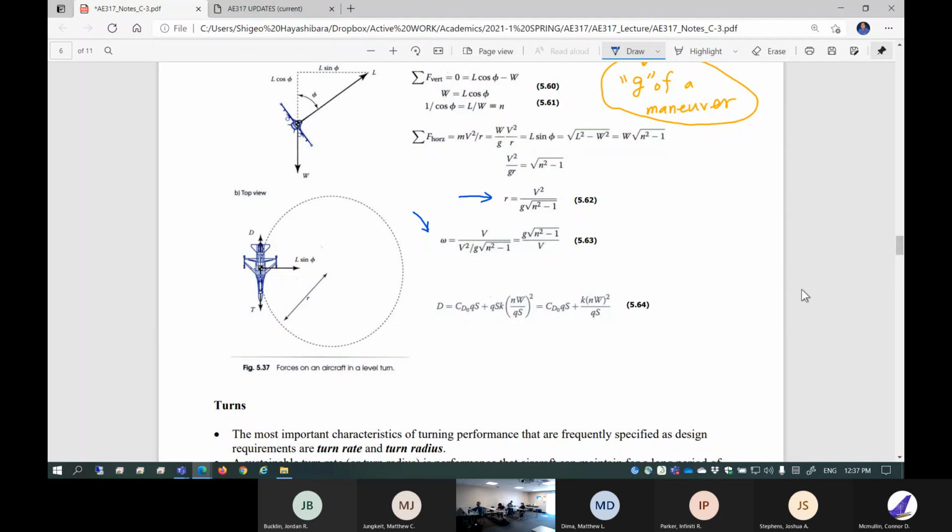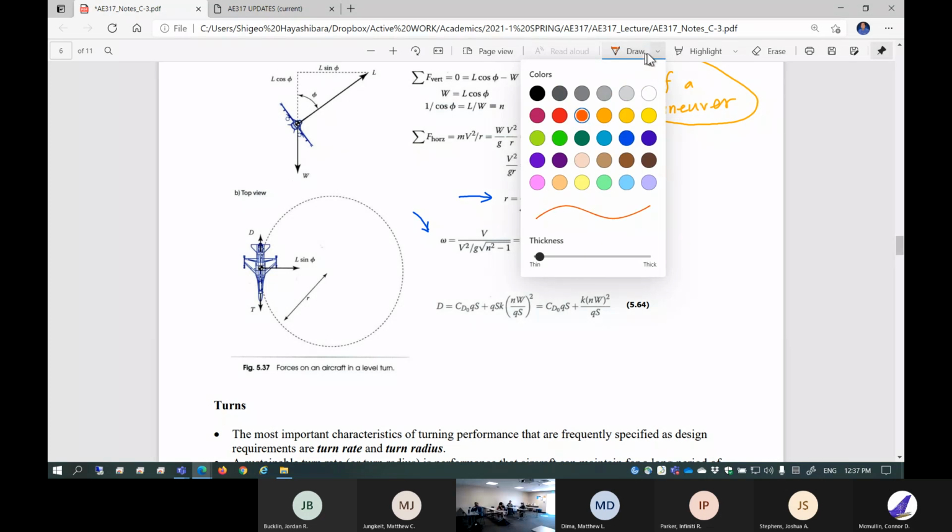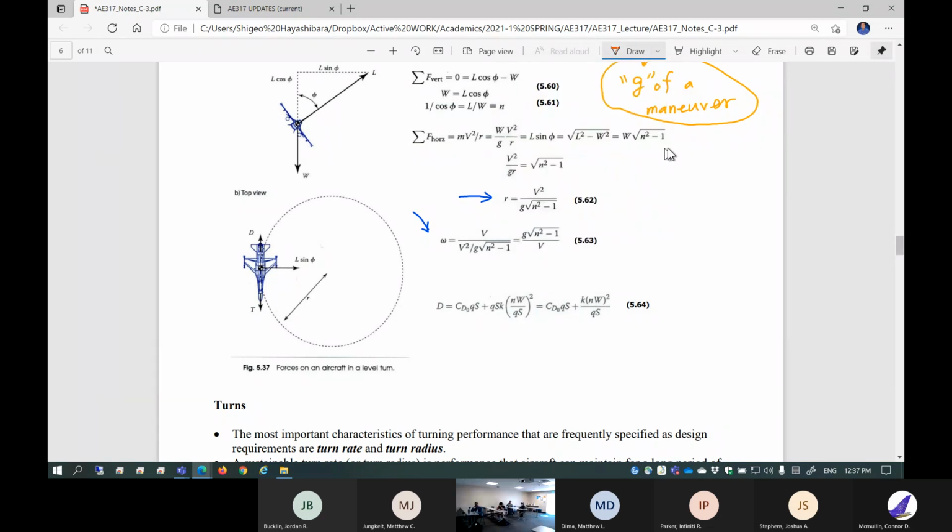Okay, and then one important thing you have to remember is, when you do a high-g level turn, such as when you really want to tighten up your radius, you want to turn really, really quick, you're going to increase your bank angle. That means your airplane needs to create more lift to support your altitude. Lift is increased quite a bit. If the lift is increased, what happens to your drag?